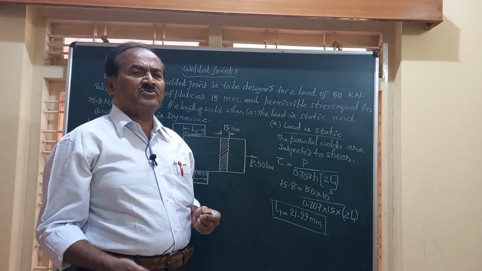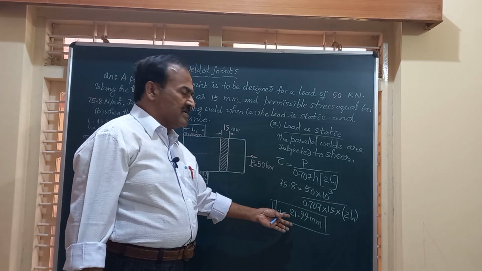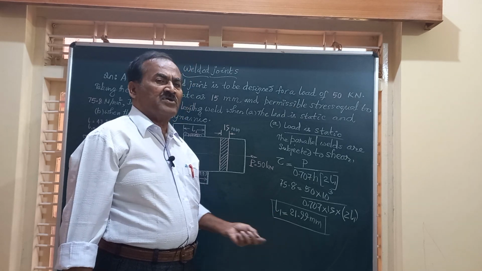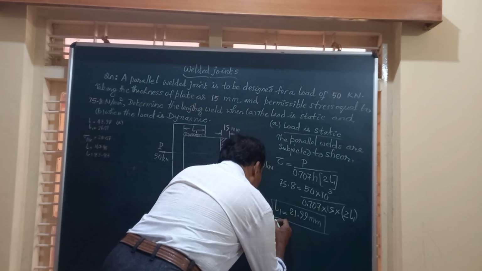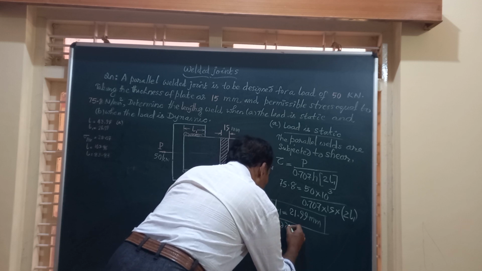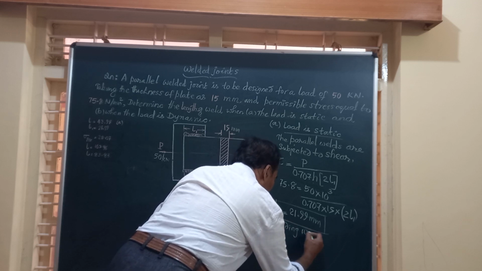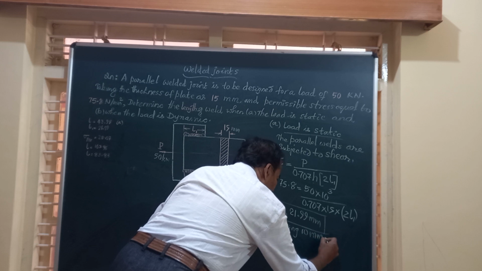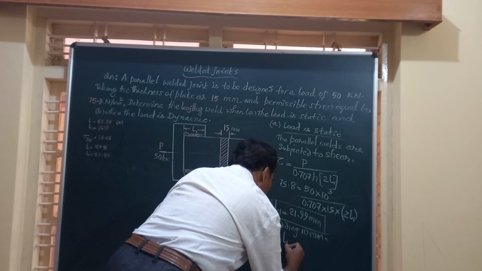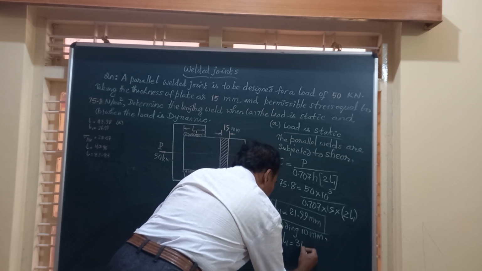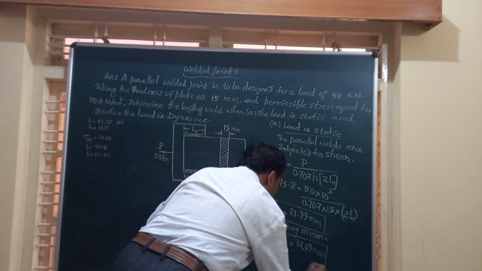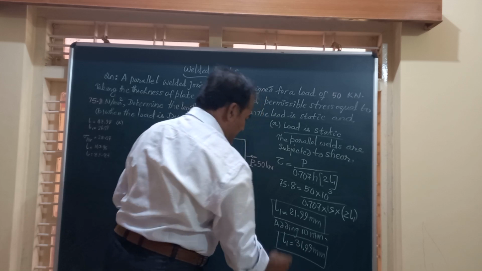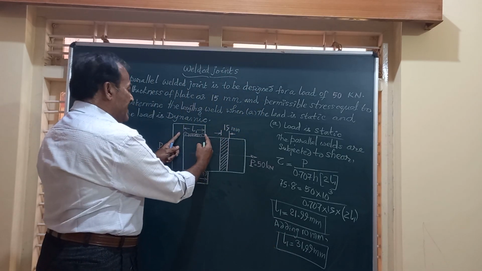And friends, as usual, you have to add 10 millimeter extra for starting and stopping of the bead. Finally, adding 10 mm extra for starting and stopping of beads, L1 is equal to 31.99 mm. So on each side there should be a length of 31.99 mm.